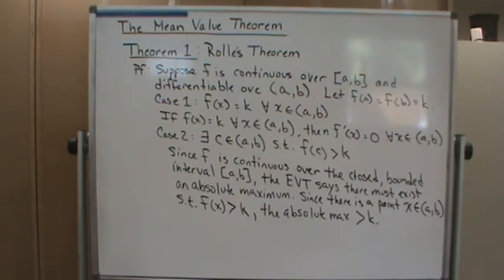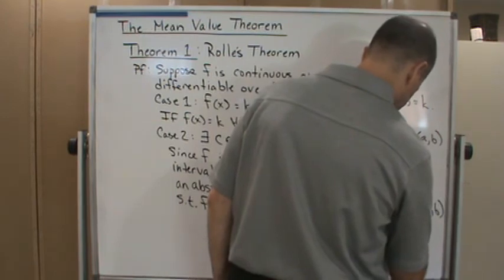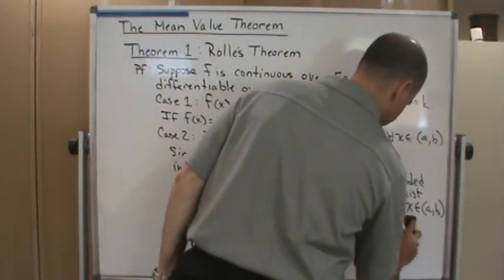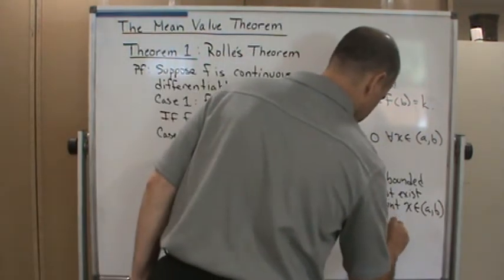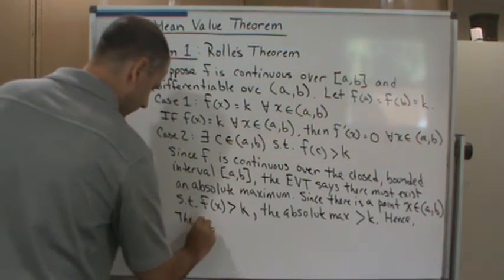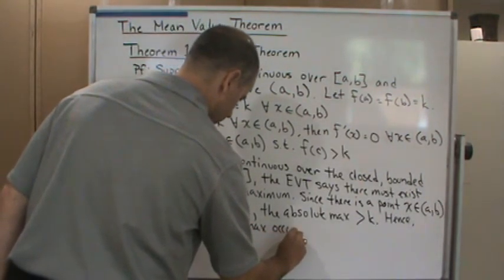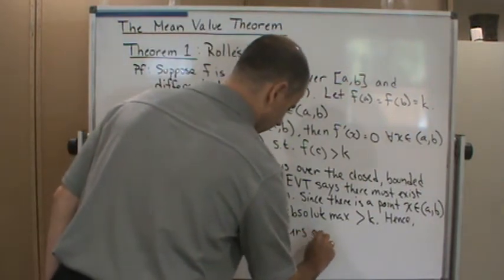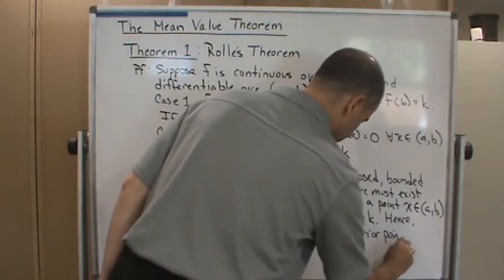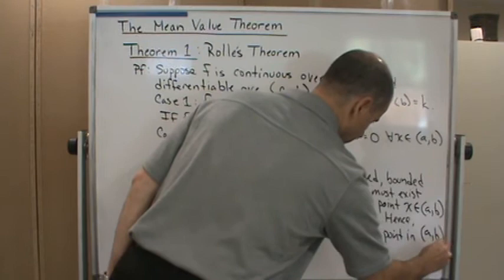So that means, hence, the absolute maximum occurs at an interior point in the open interval AB.